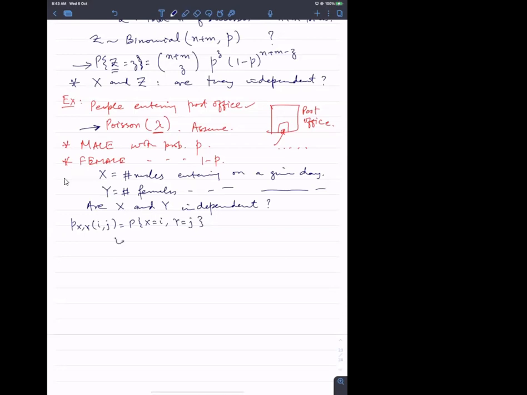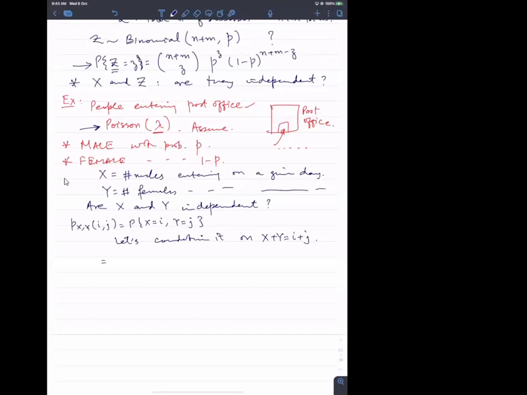Now let's condition it on X plus Y is equal to I plus J. इसको condition करते हैं.